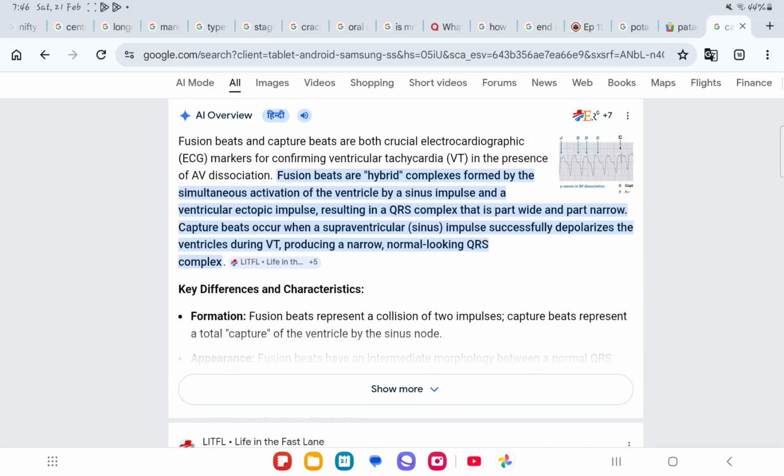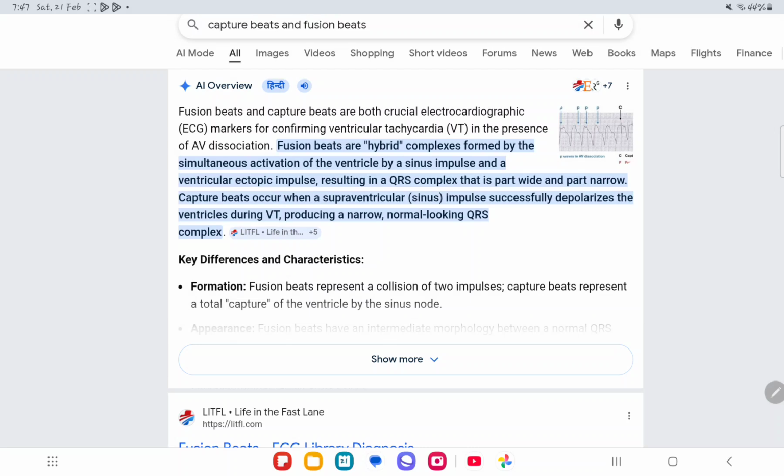So what are capture beats and fusion beats? Fusion beats are hybrid complexes when there is simultaneous activation of the ventricle by the sinus impulse coming from above and the ventricle's own impulse, both exciting the ventricle together. So the wave you get will be a fusion beat. Capture beat is because during a VT you know that the ventricle is the primary cause of the pulse.